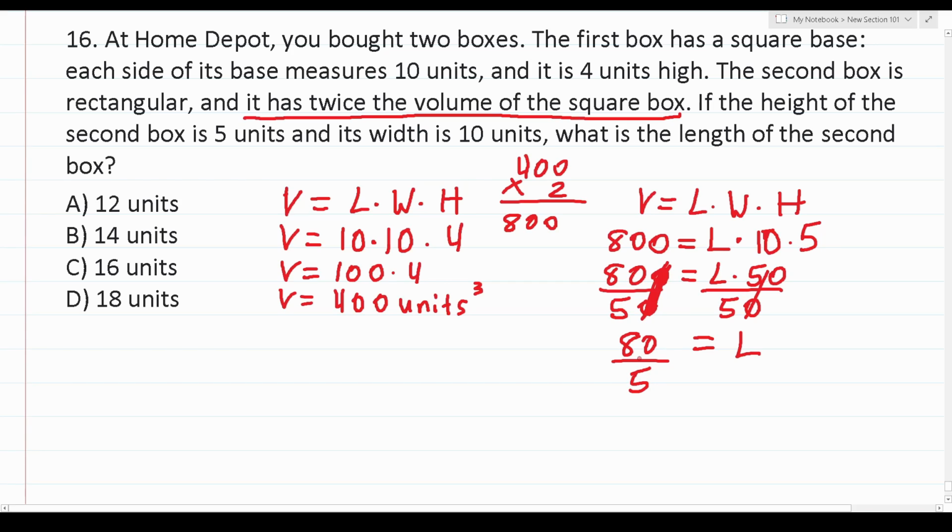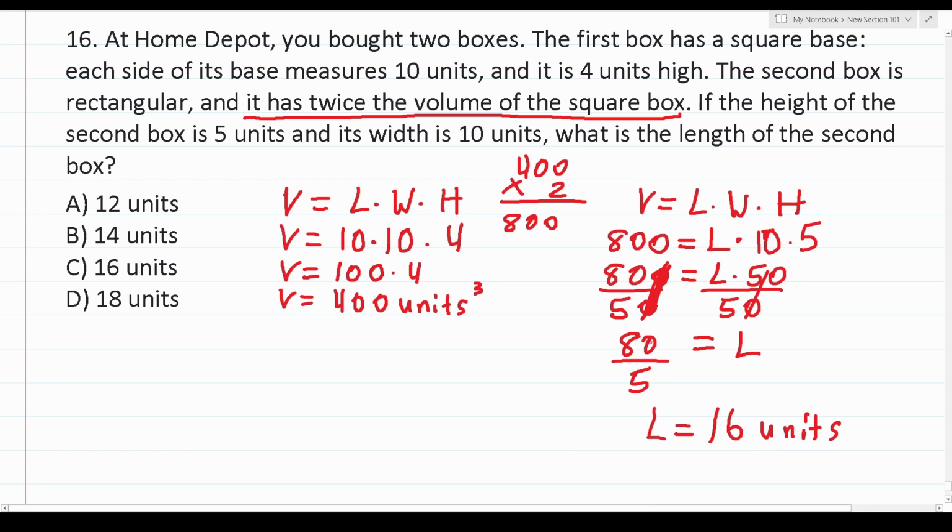You should be able to do this mentally, because if you think about it this way, 40 divided by 5 would be 8. 80 is twice as big as 40. So 8 times 2 would be 16. So I know the length of this second box has to be 16 units.